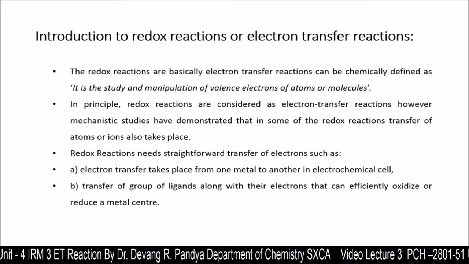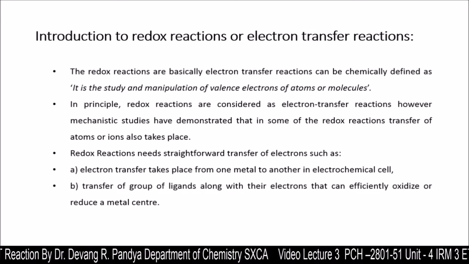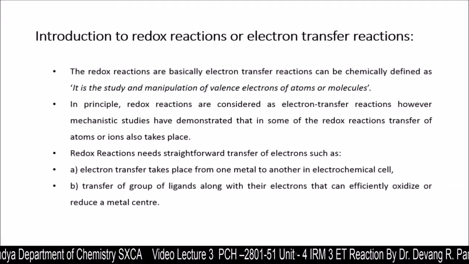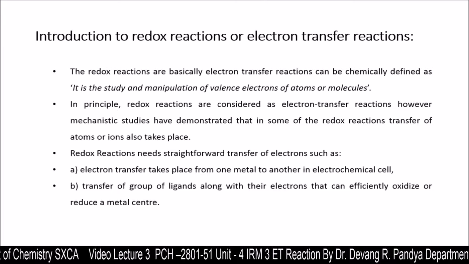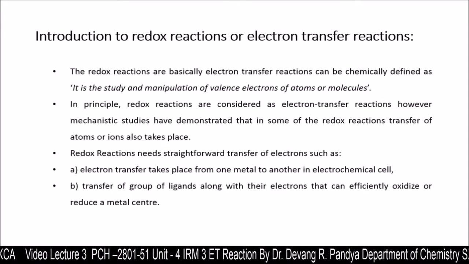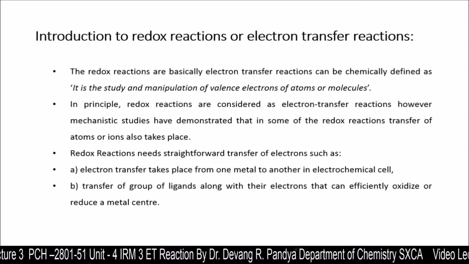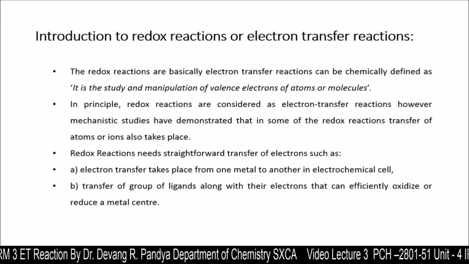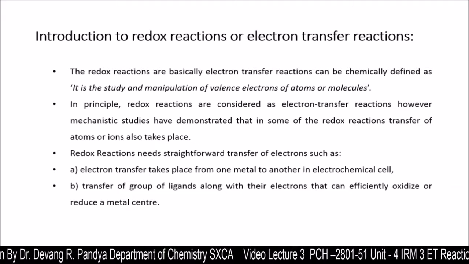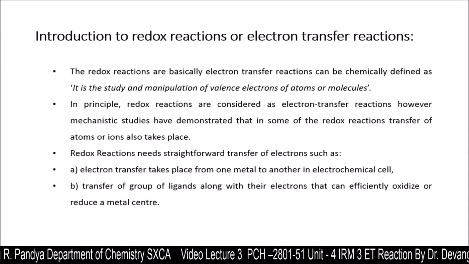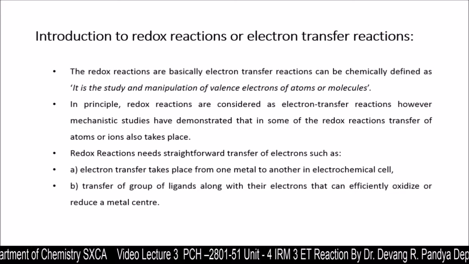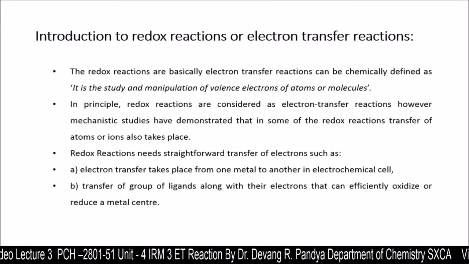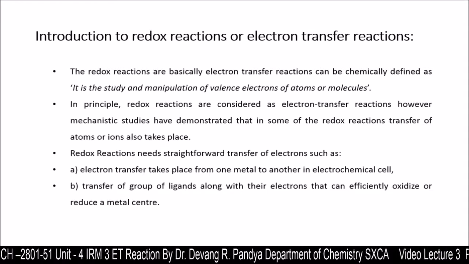So two types we can include over here. One is direct electron transfer from one metal to another, as in an electrochemical cell, or either a group of ligands or a single ligand may transfer from one complex to another, and as a result of this ligand transfer, electron transfer would be there as well, and it can effectively oxidize or reduce the metal center of the complex compound.